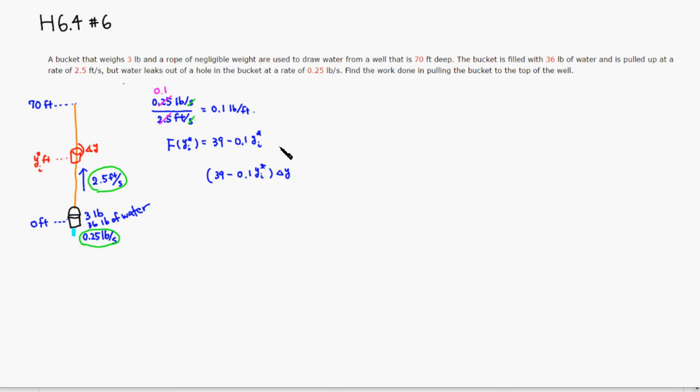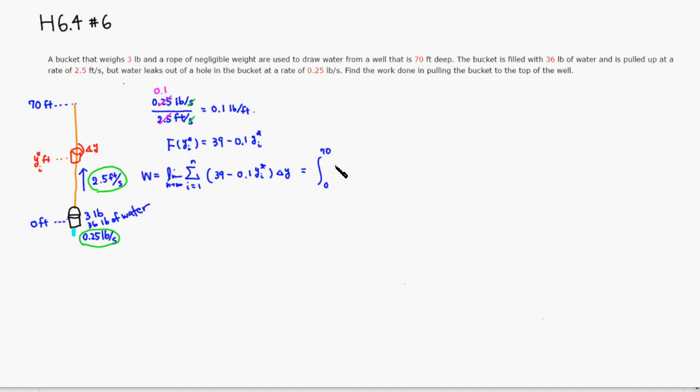But since we have to go all the way from 0 to 70, we have to add those pieces of work up, going from 1 to n, then take the limit as n approaches infinity. That would be the work. And we can rewrite this sum as an integral going from 0 feet to 70 feet.